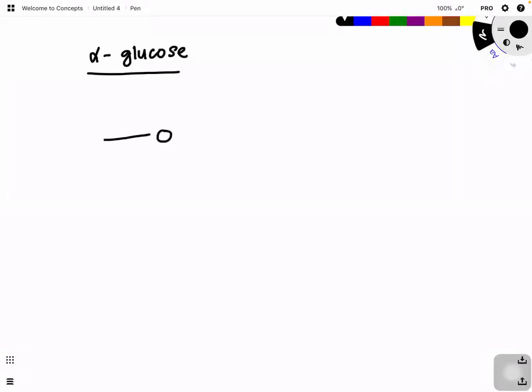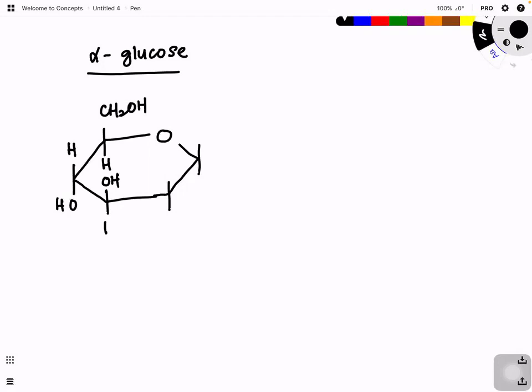The alpha glucose is the one that we need to know how to draw, so that's why I keep on drawing the alpha glucose for you guys so that you can remember. Okay, so CH2OH, H, OH, OH, OH, because alpha glucose has the OH group below the ring. So this is alpha glucose.